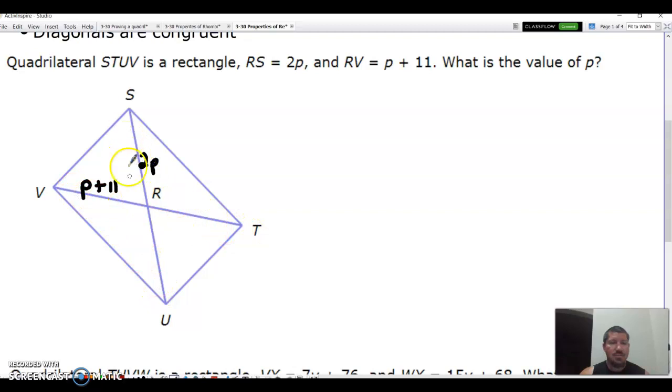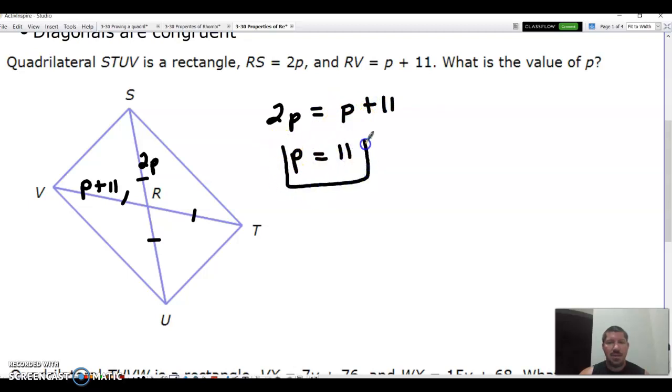So if 2 congruent segments are bisected, then all the parts are congruent. So really, in a rectangle, all 4 of these are congruent, which is going to make this easy. So 2P is equal to P plus 11. When I subtract P from both sides, we get 11, and that's going to be my answer.